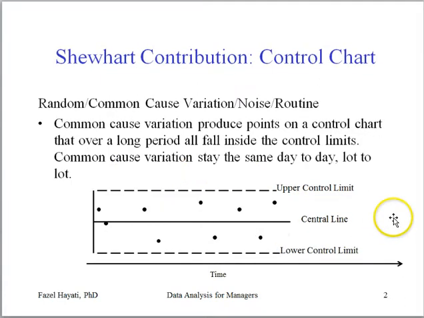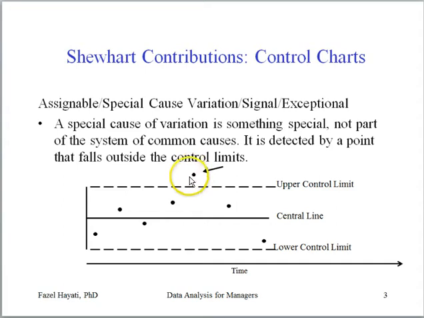In the previous example, random variation, we actually examine the entire system of causes. In this case, this special cause variation gives us a signal as to how to investigate this point. Something unusual has occurred.